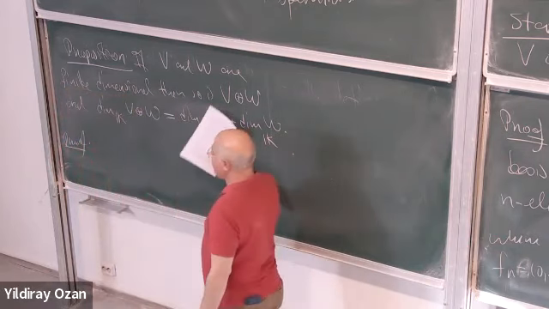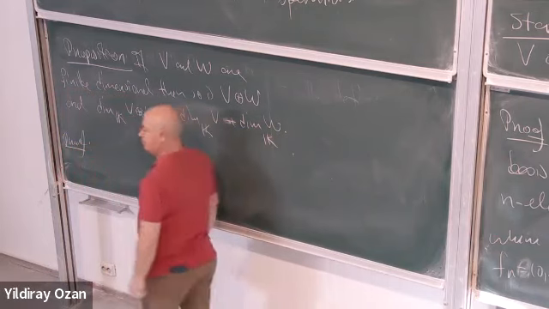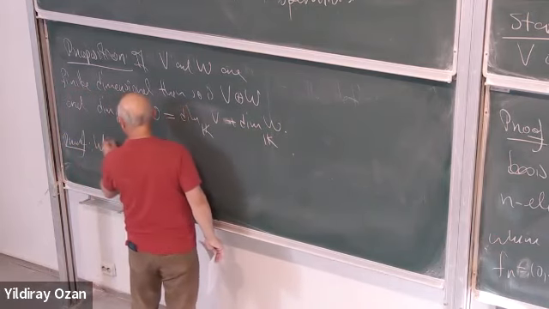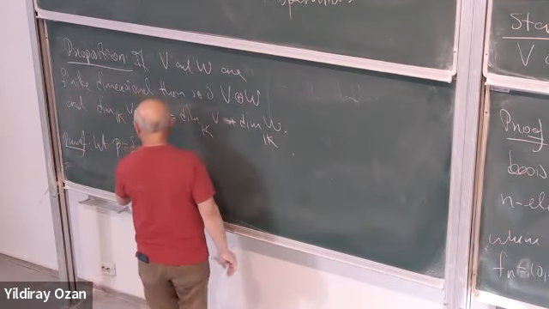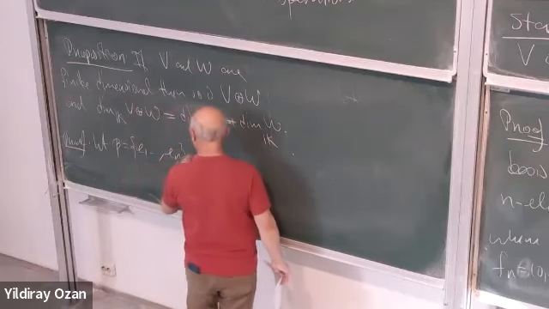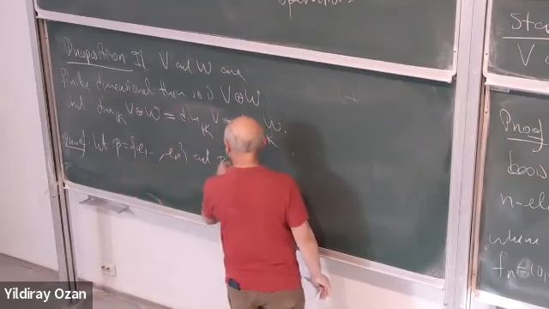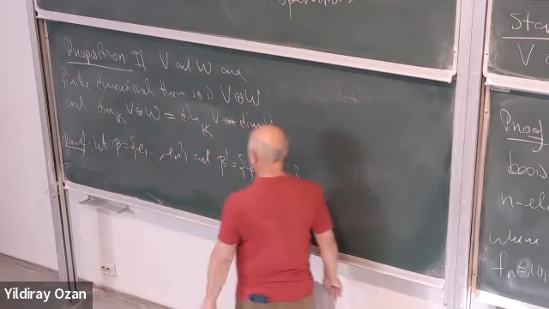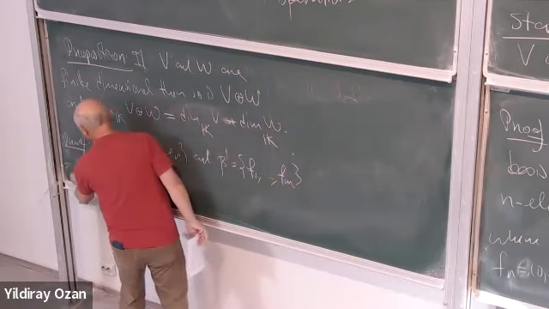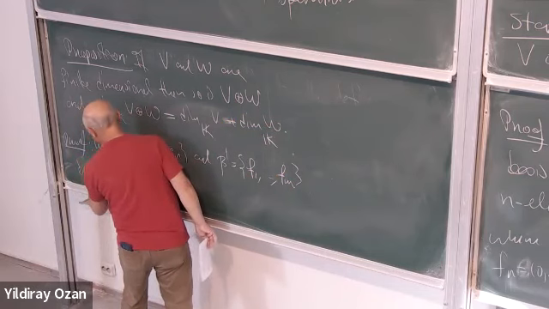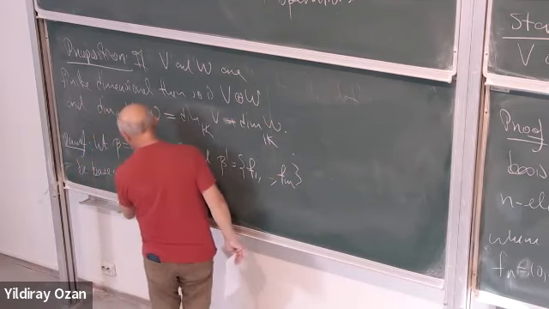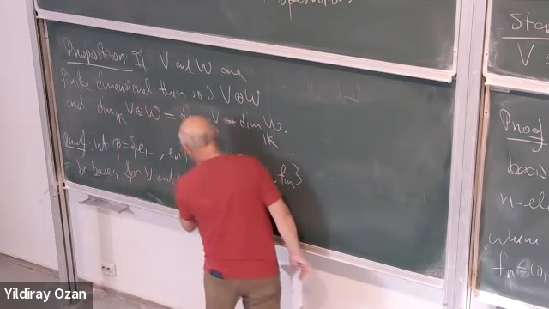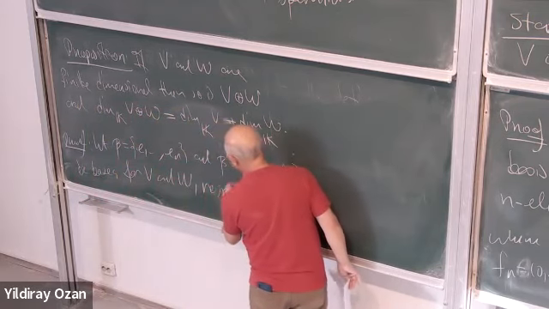Since they are finite dimensional, let us just choose some bases. Let beta = {E1 up to En} and beta prime = {F1 up to Fm} be bases for V and W respectively.